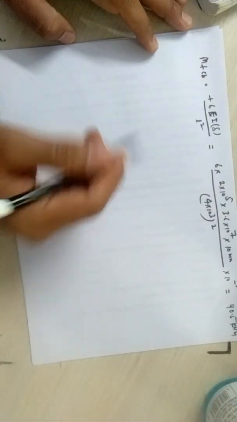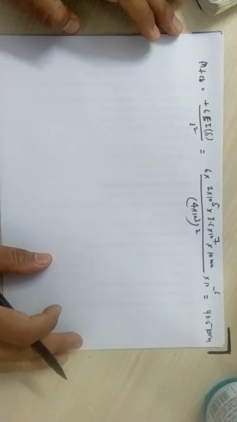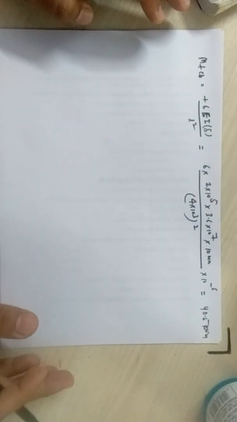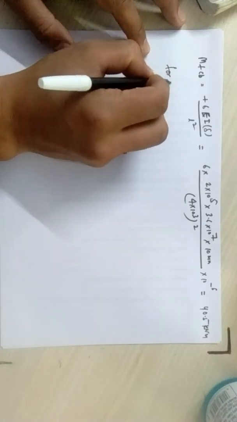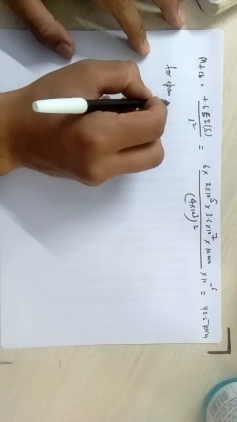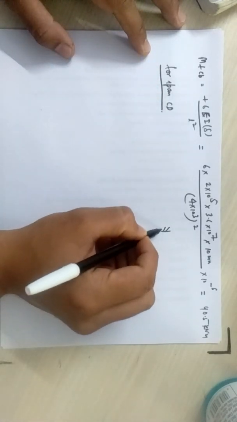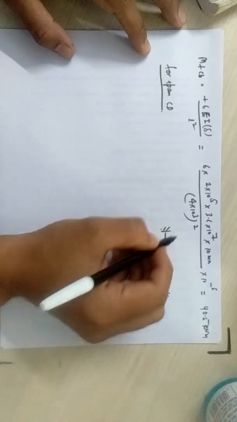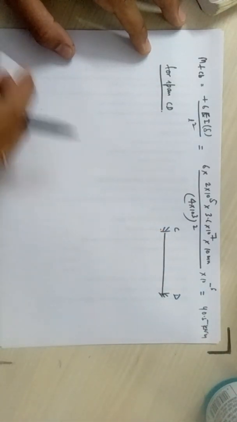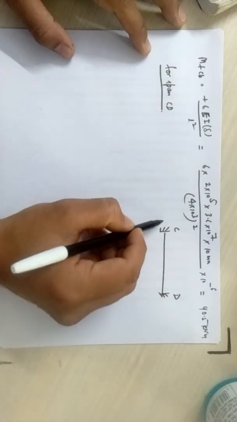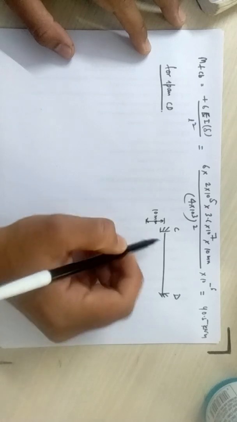Similarly for span CD, this is our span C and D. Now the support C is sinking by 10 mm, so this will sink by 10 millimeter.